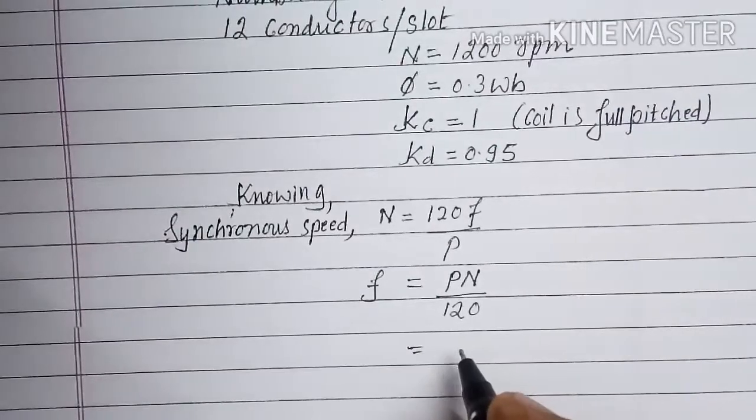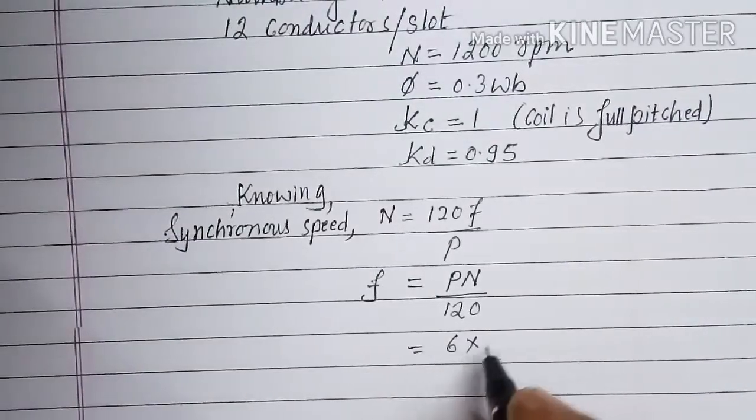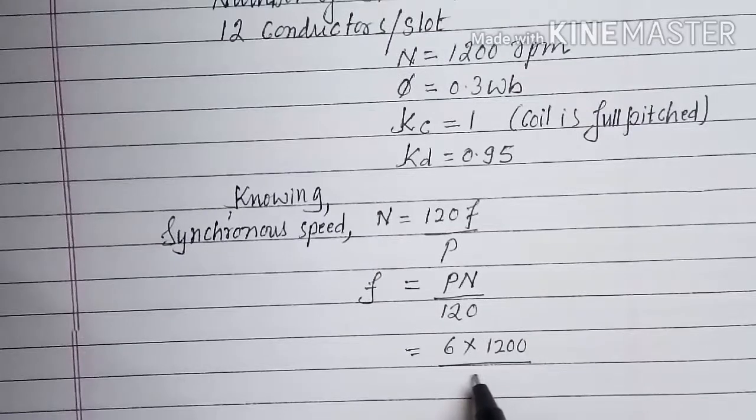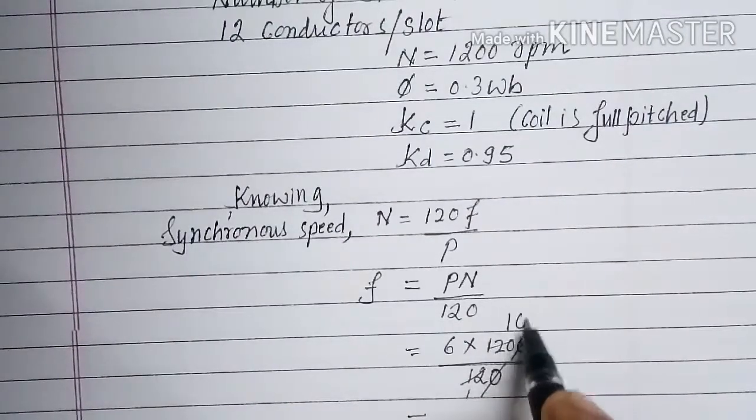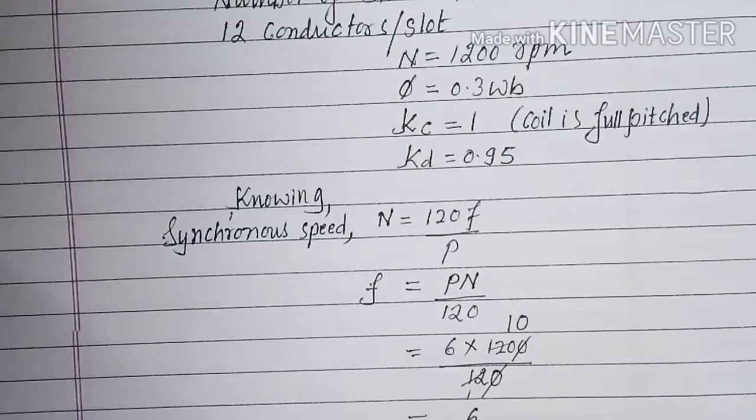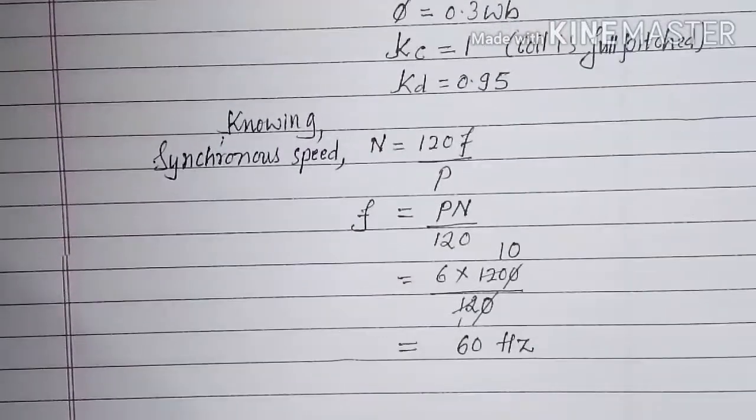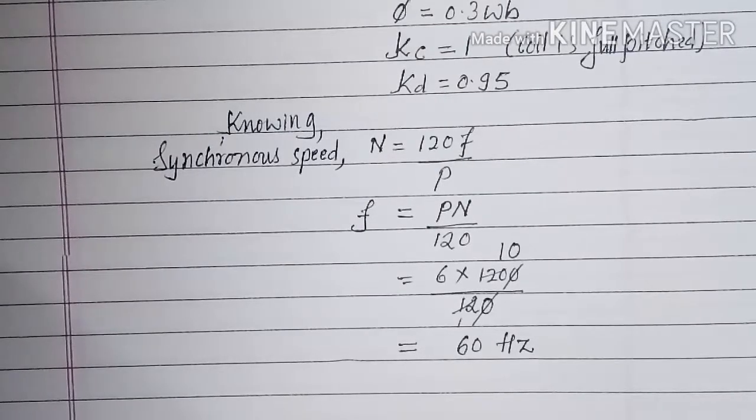So this is 6 into 1200 divided by 120. Cancelling this, we get frequency as 60 Hertz.